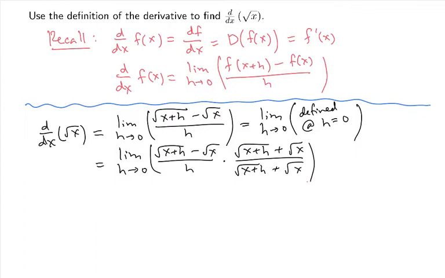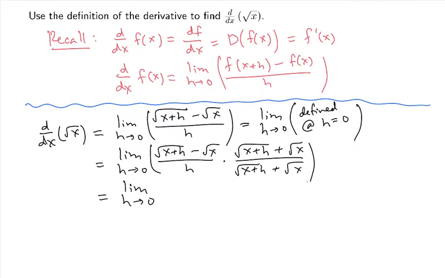Now, the whole point of multiplying by a conjugate is that this numerator is now going to simplify to something that does not involve square roots. So let's look at what that is going to be. So we still have a limit as h approaches 0 out here, and I want you to notice that I continue to write this not because I'm being picky, but because that's how we're able to say that we have equalities, right? It wouldn't be an equality if I dropped the limit off.